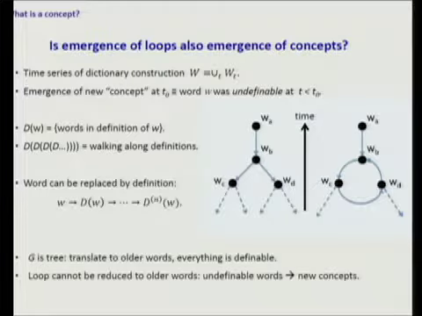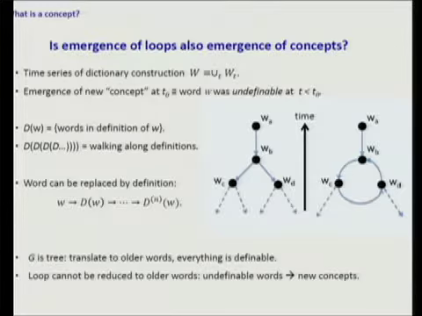We can think about evolution of language as a time series in which we introduce words gradually into a language or into a dictionary. So we have the overall dictionary, W, and we divide it into sets of words that are added at each time step. So we have a certain time coordinate in which we embed this graph.